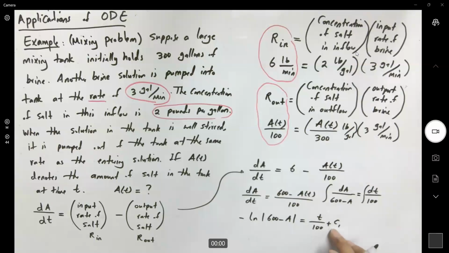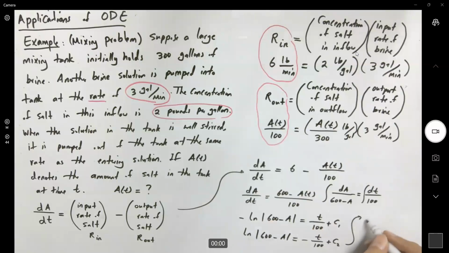You can flip this, or you can just write down ln of the absolute value of 600 minus A equals negative t over 100 minus c sub 1, or c sub 2.